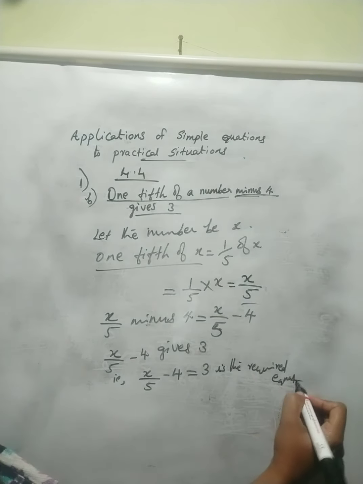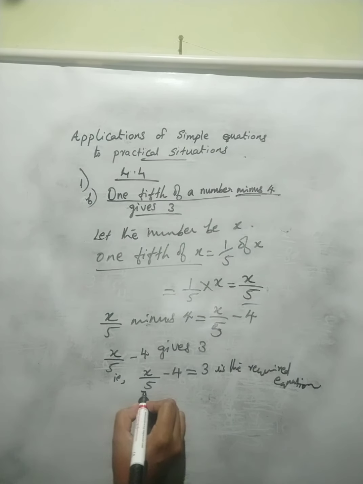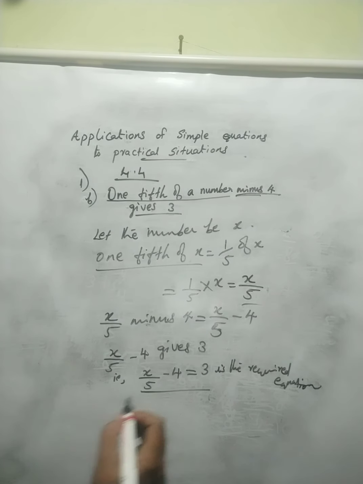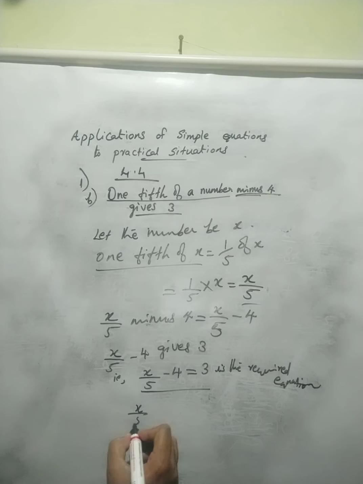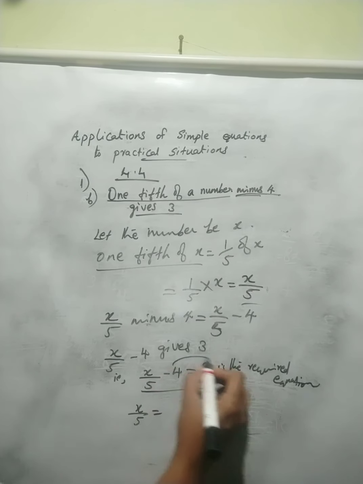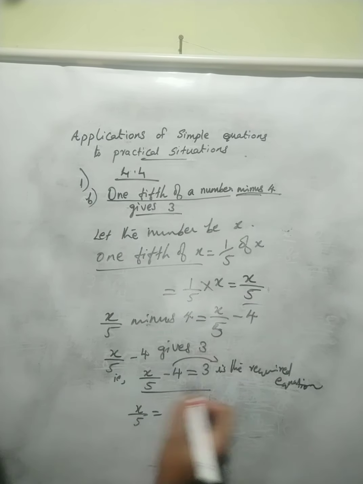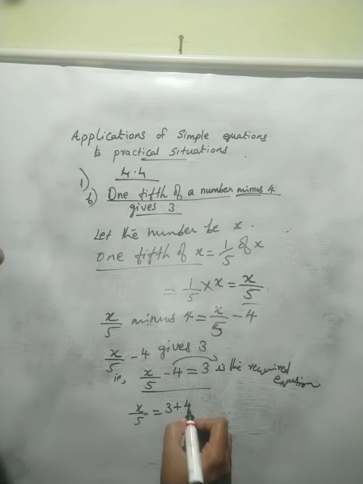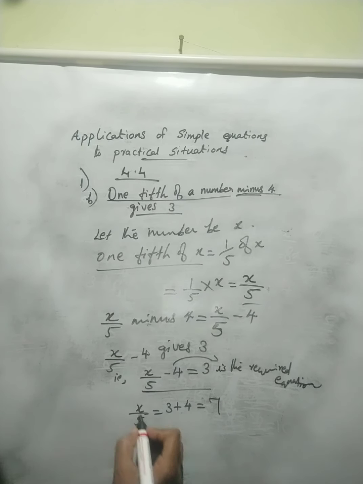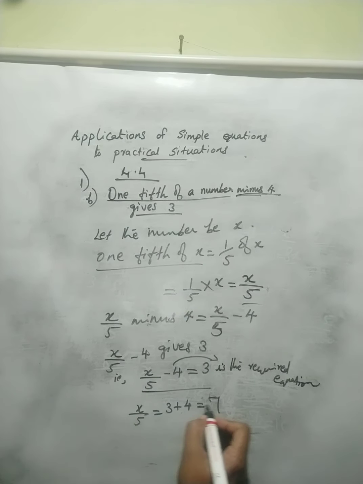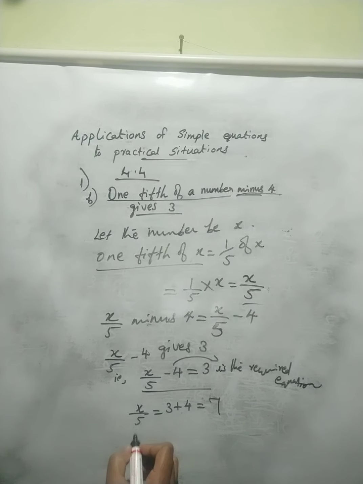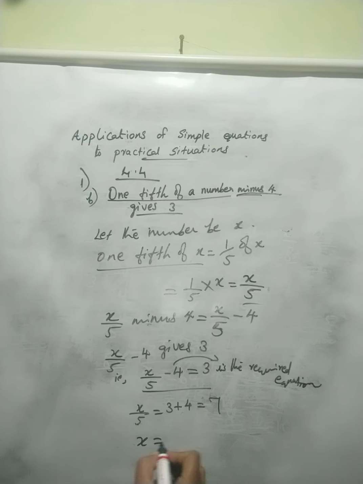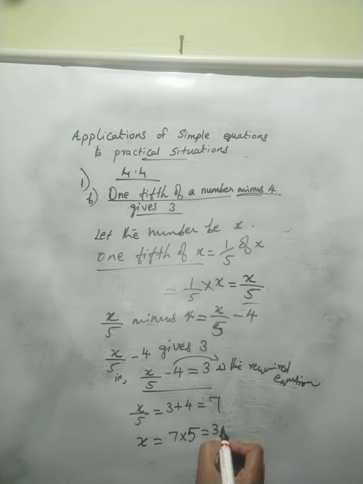Okay. Then we have to solve this part. x on 5 is the variable part, is equal to; minus 4 we can take to the RHS side. So 3 plus 4 is equal to 7. That is x on 5 equal to 7. Here it is dividing by 5, so we can multiply by 5. So 7 times 5 is equal to 35.